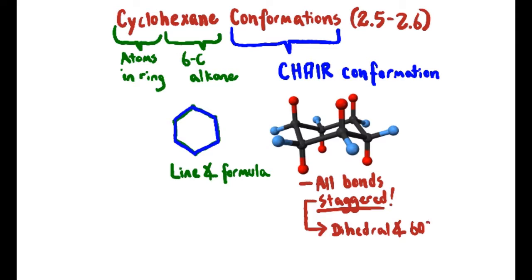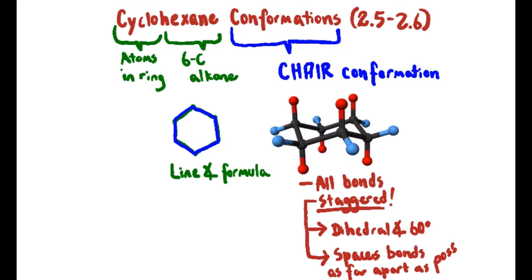The importance of that is that it spaces the bonds as far apart from one another as possible. Keeping in mind that electrons repel one another, it's advantageous to have those bonds as far away from one another as possible because it increases the stability of the molecule.